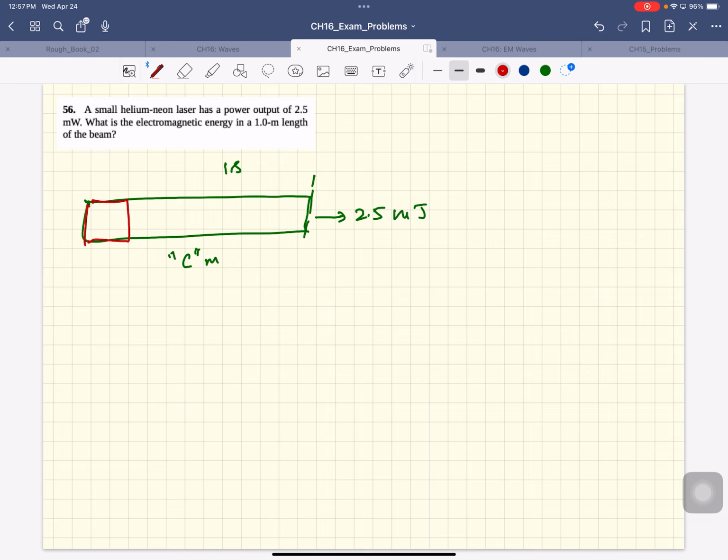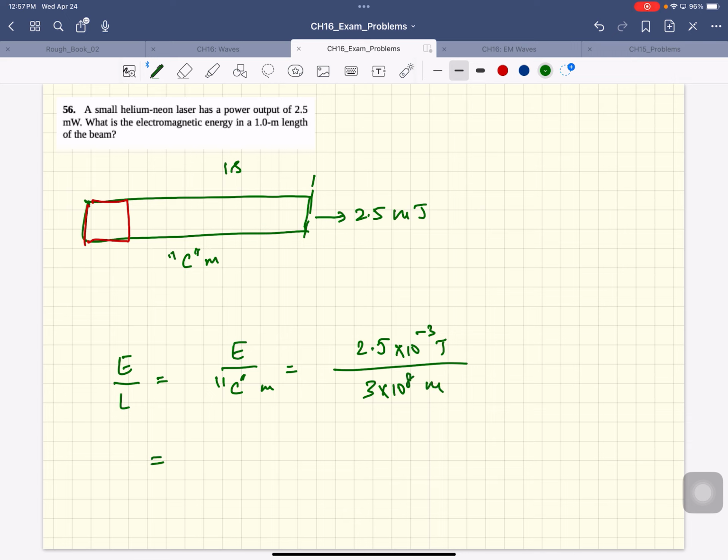So energy per unit length is the energy that passes you divided by c meters. So 2.5 millijoules, and c is 3 times 10 to the power 8 meters.